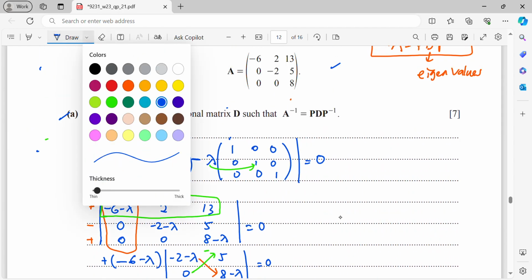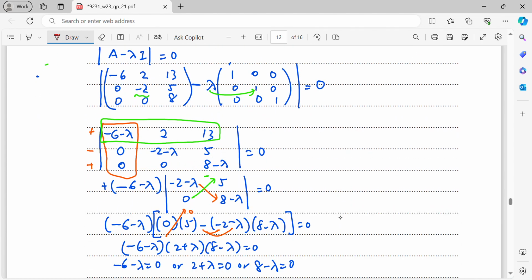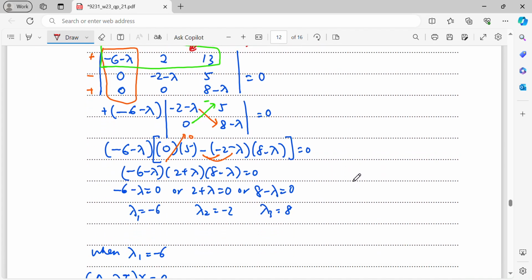When I put this whole matrix in brackets, it becomes a matrix. This is my A minus lambda I matrix. If I change the straight lines into brackets, that is my matrix.